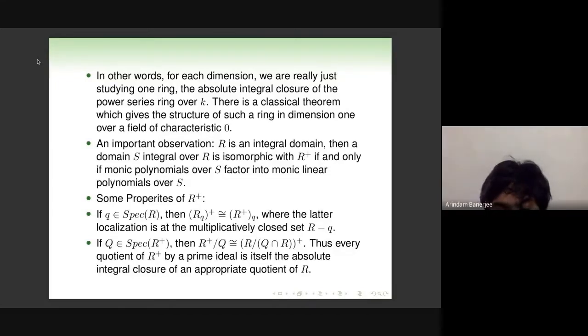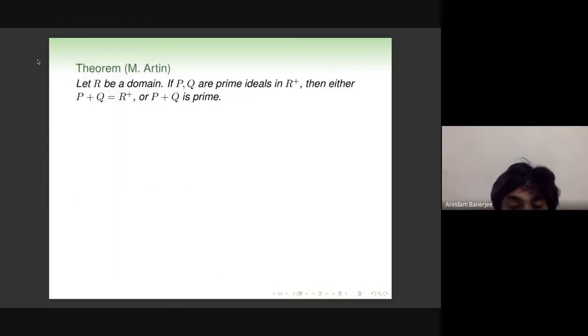So the next one is this theorem I was talking about by Michael Artin, that if R is a domain, and if P and Q are prime ideals in R plus, then the sum of P and Q is either R plus or the sum is a prime. Note that this is a very unique kind of property, because it doesn't hold for most of the familiar rings.